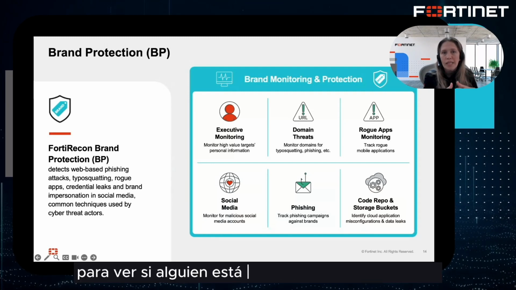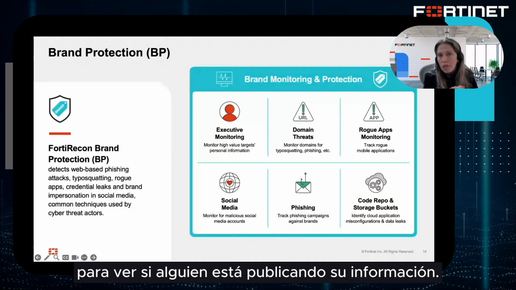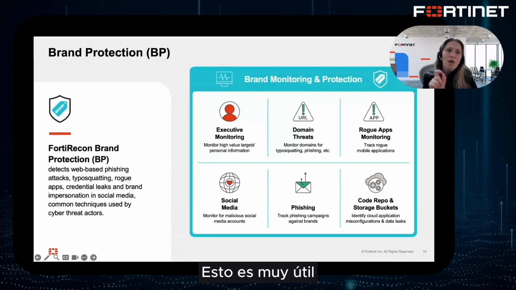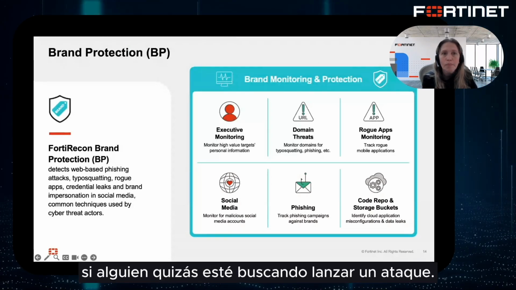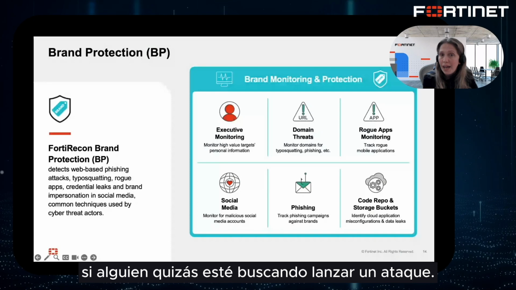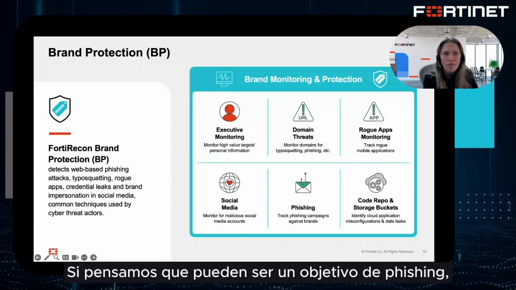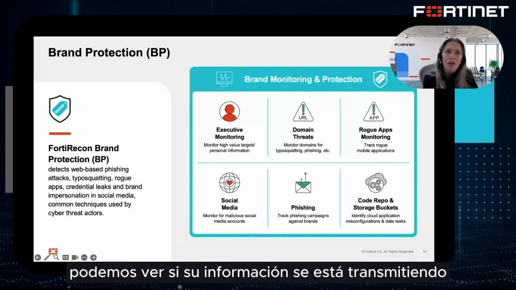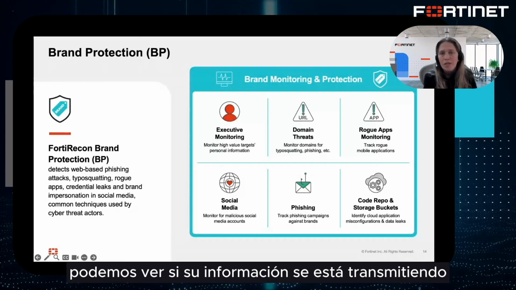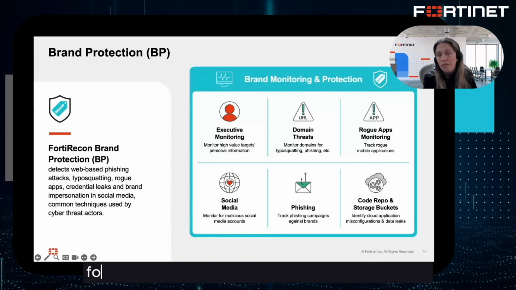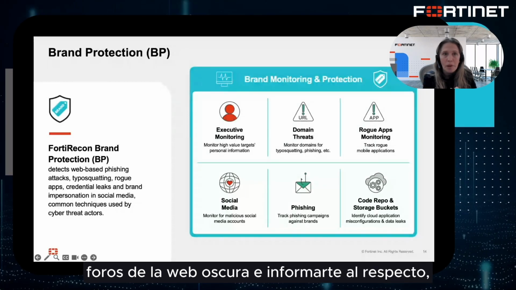We monitor to see if someone is publishing their information. This is very useful if someone is perhaps looking to launch an attack. If we think they may be a target for phishing, we can see if their information is being passed around on dark web forums and let you know about it.